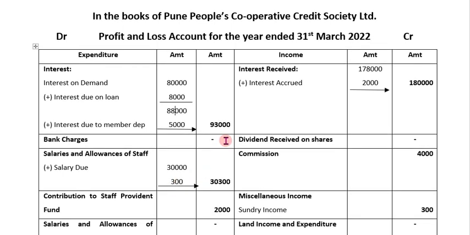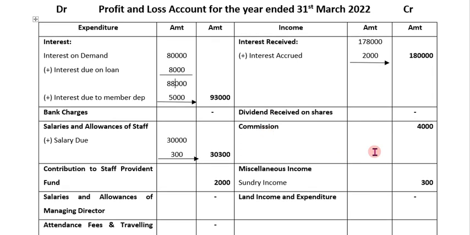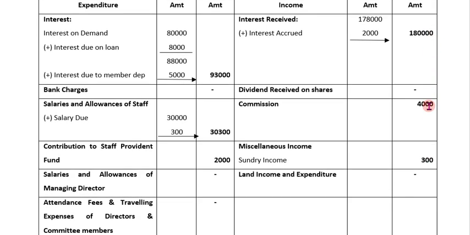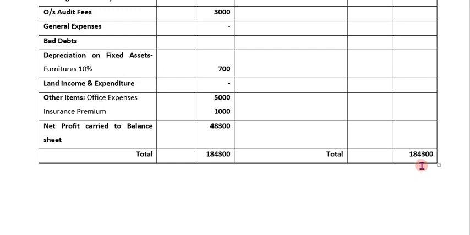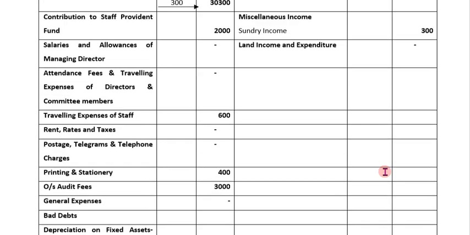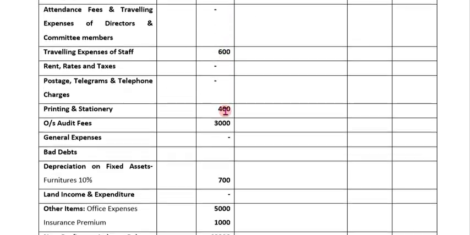Now the tally of the profit and loss account: check whether there is net profit or net loss. So add all the amounts given in the outer column, that is the credit side. So total will come 18,43,000. Next, debit side difference.